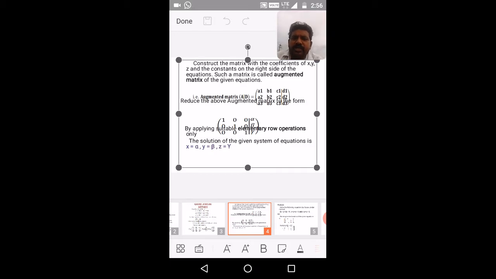The augmented matrix we are constructing, a1, b1, c1, d1, a2, b2, c2, d2, a3, b3, c3, d3, should be reduced to the form 1 0 0 alpha, 0 1 0 beta, 0 0 1 gamma.